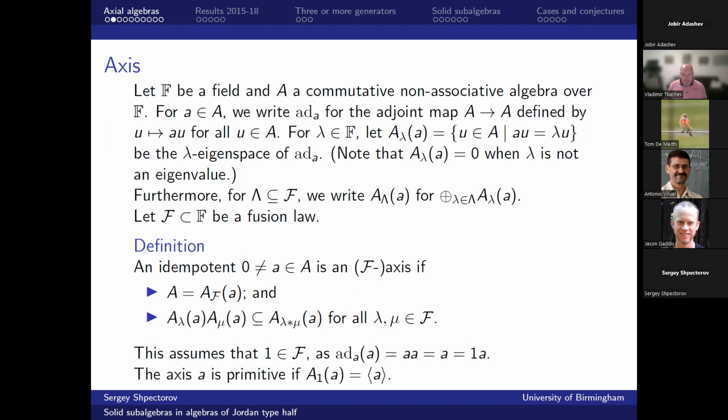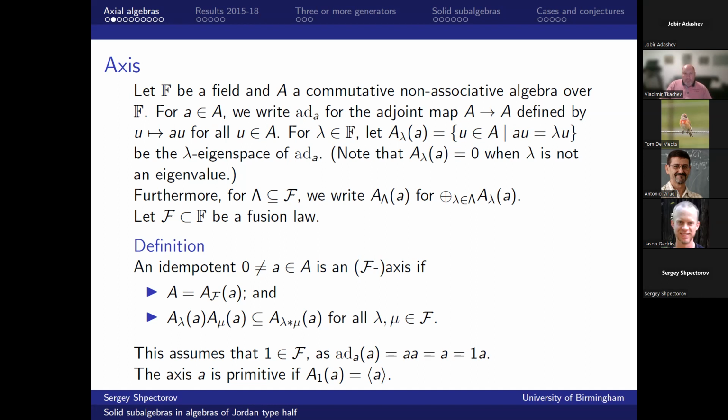Okay, so the notation: if we have a bunch of possible values of lambda, we have a set capital Lambda, and then A capital Lambda of a is just the direct sum of the corresponding eigenspaces.